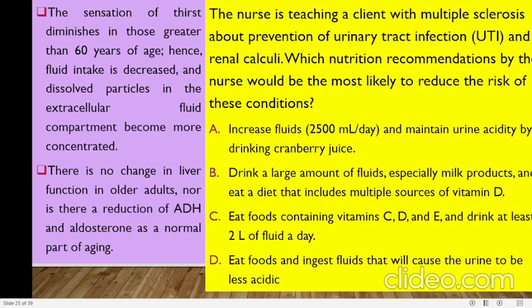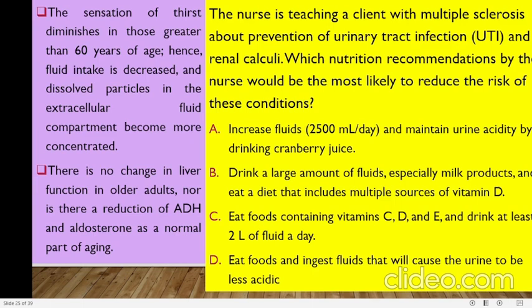Yes, that is correct. Drink large amounts of fluids, especially milk products. Milk products normally alkalize the medium, which can contribute to bacterial multiplication, so not recommended. Eat foods containing vitamin C, D, E, and drink at least 2 liters of fluid.